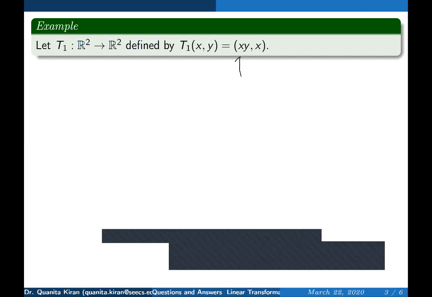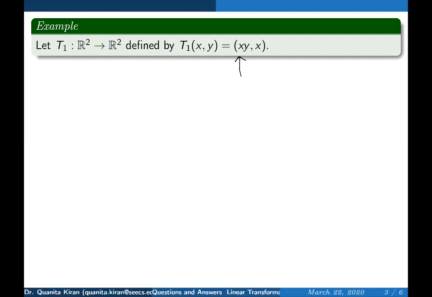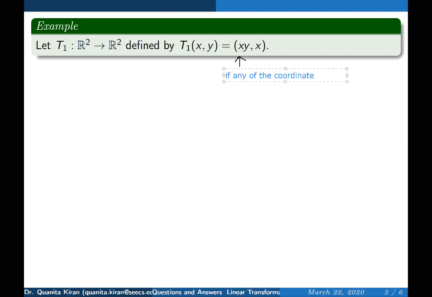If any of the coordinates has a multiplying factor, then naturally it cannot be broken into parts addition-wise.